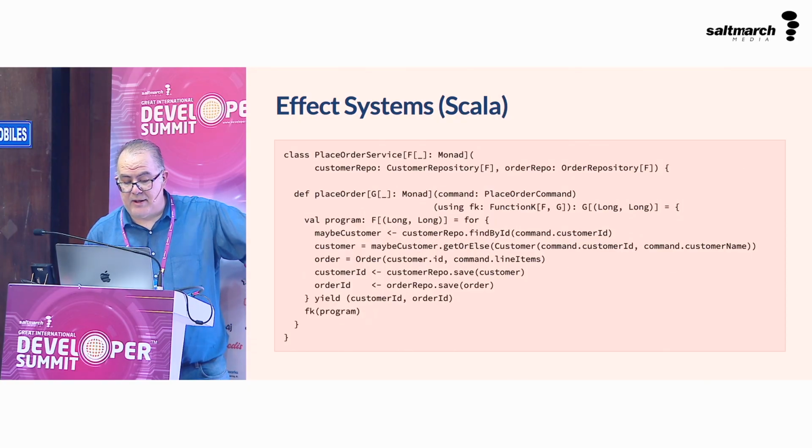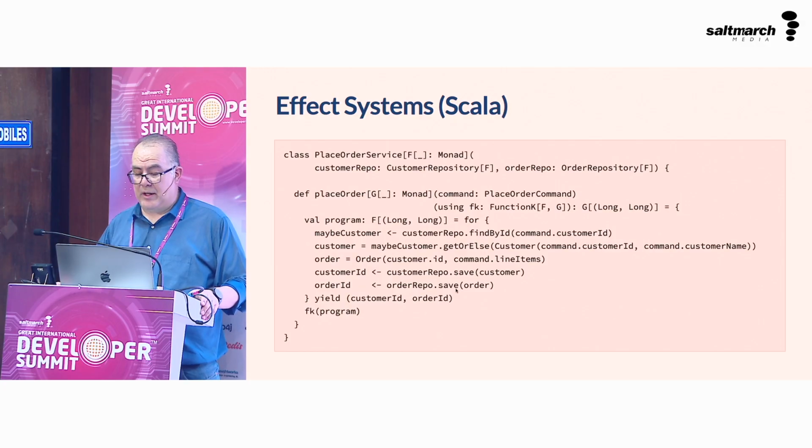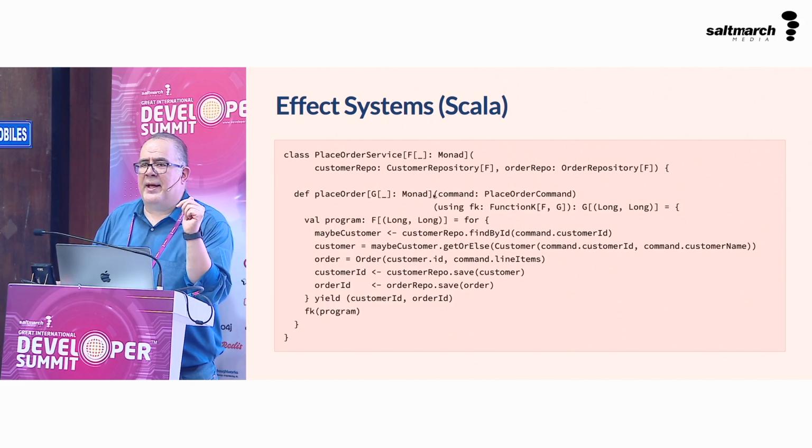In this case, I want to get the customer, infuse that with the order, and save the customer if it's a new one, and with order repo, save the order if I need to as well. Now, the funny stuff is this: monad. Anybody know what a monad is?